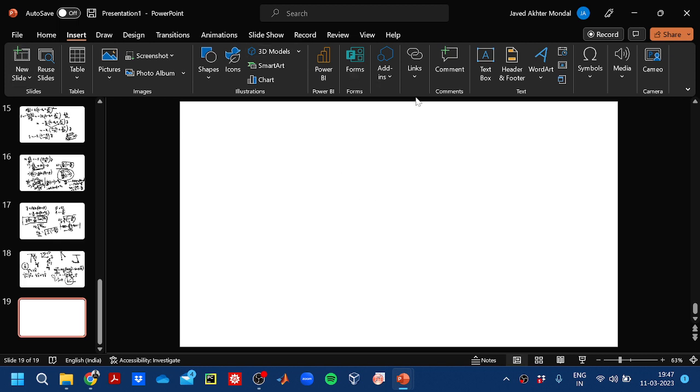So how are they? If this is i cap and j cap, and this is our direction of r cap, then r cap we can write as cosine theta i cap plus sine theta j cap, and this is the direction of theta cap, the theta unit vector.